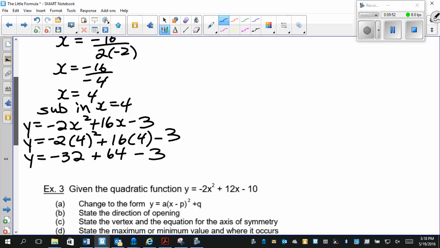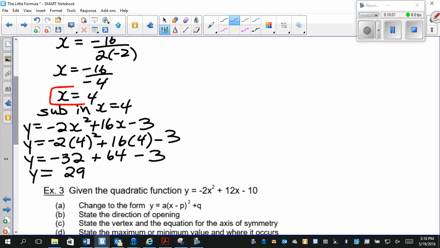So when we calculate our answer, we get y is equal to 29. So we've got our x value, and we have our y value for our vertex.